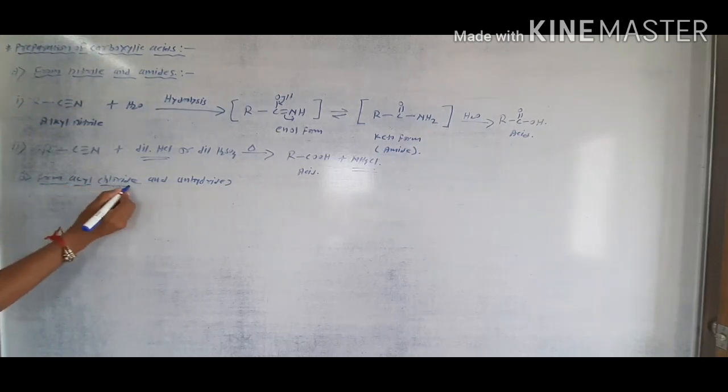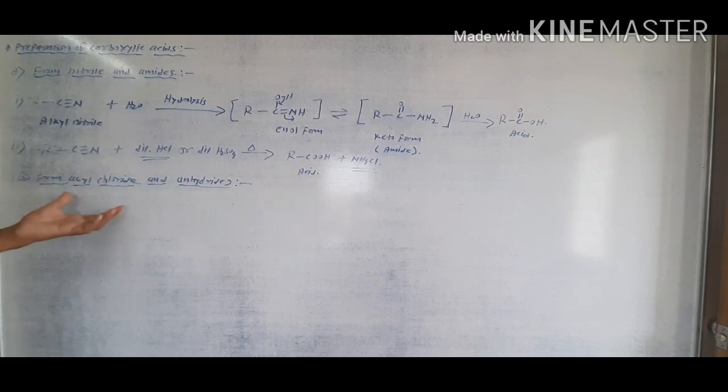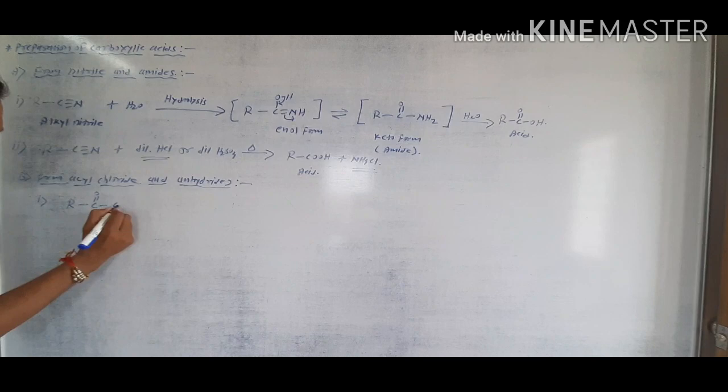Similarly, another simple method for the preparation of carboxylic acid is from acyl chloride and acyl anhydride. The first one we discuss is the acyl chloride. The general formula of the acyl chloride is RCOCl.